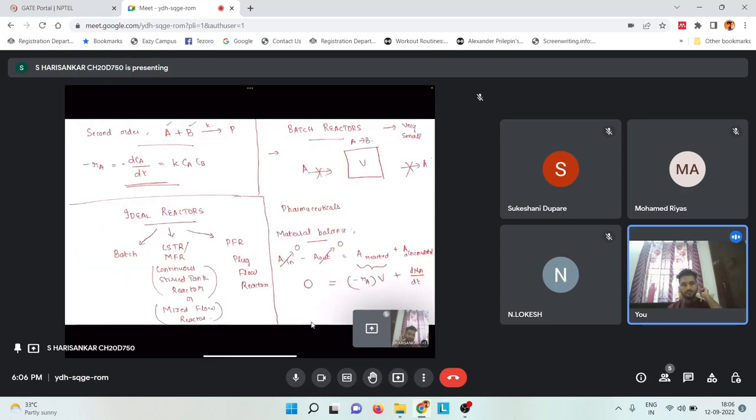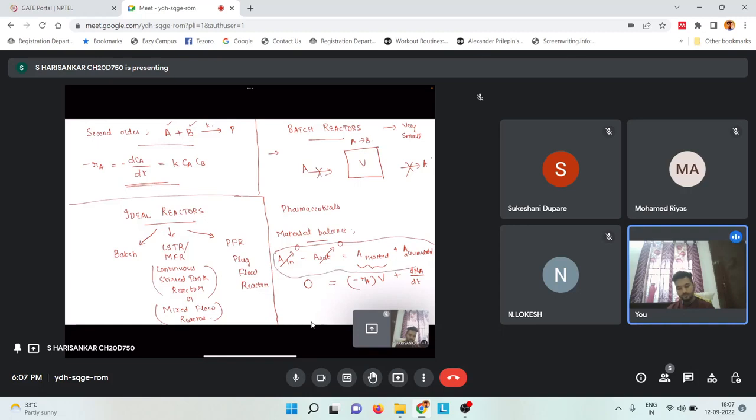Then we started with the ideal reactors, and yesterday we looked into the batch reactor. We saw that by writing the material balance of the batch reactor: whatever reactant is going in minus the reactant that is coming out will be equal to the reactant that got reacted plus the reactant that got accumulated. The mass balance is shown here.